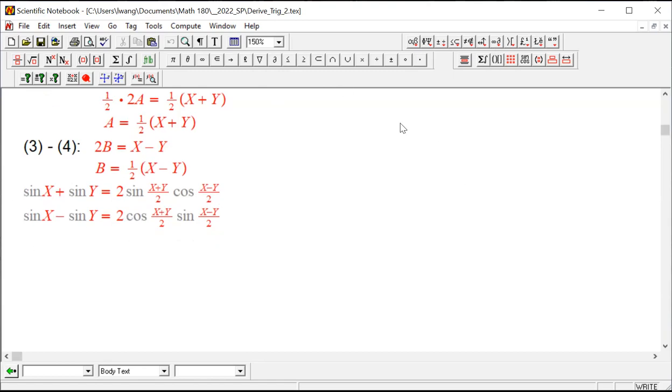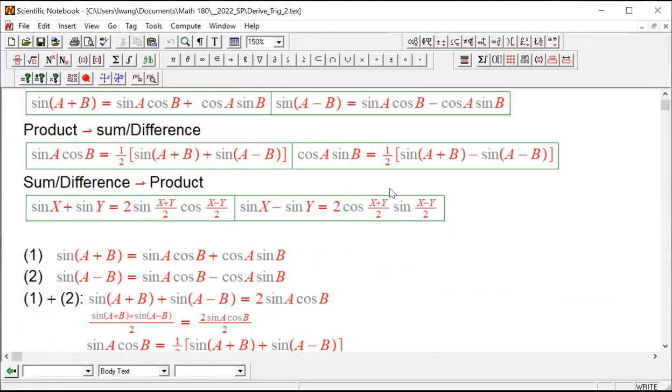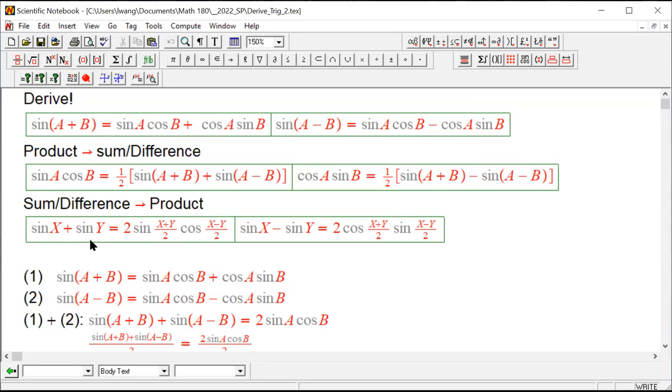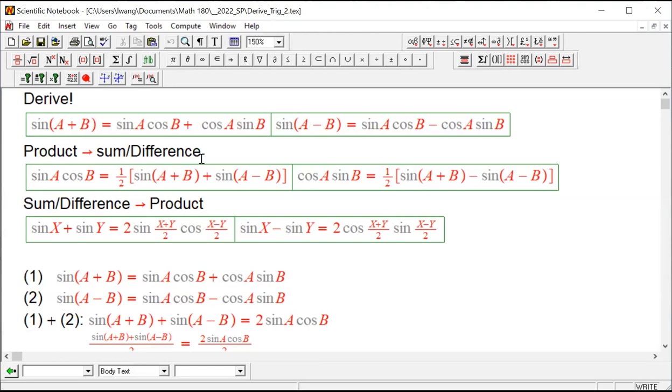Let's go back to our diagram. We take cosine A plus B and cosine A minus B, do adding and subtracting, and it's a very similar journey. We have sine A plus B and sine A minus B, and we have derived product to sum and difference to product.